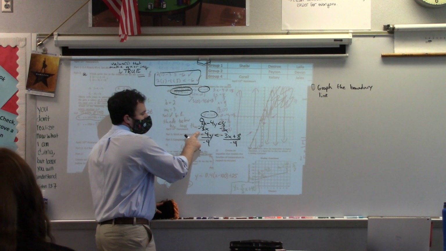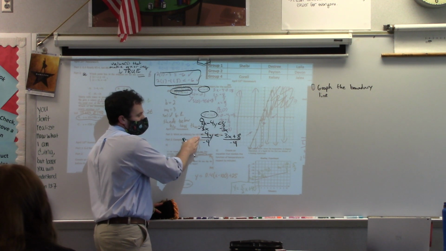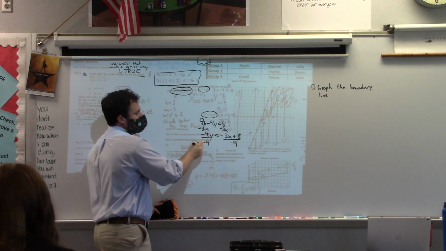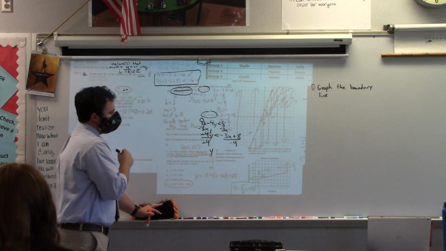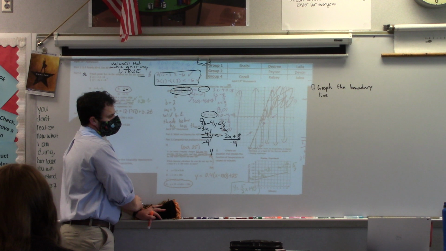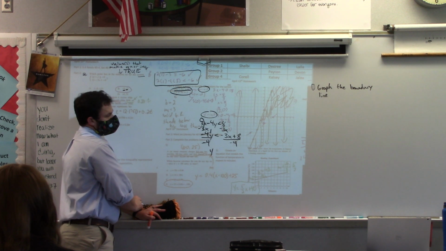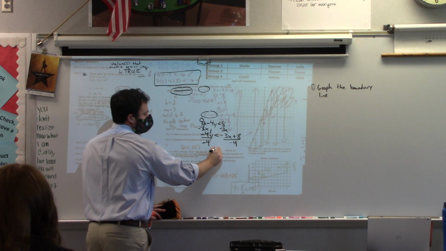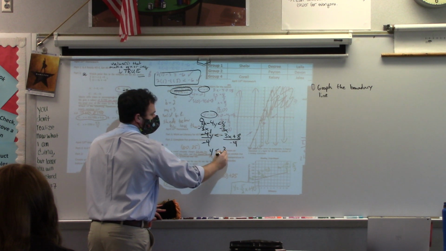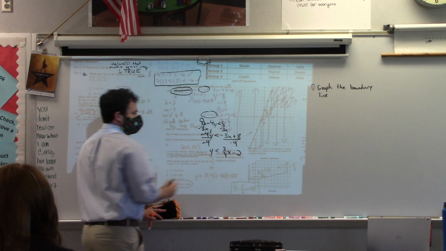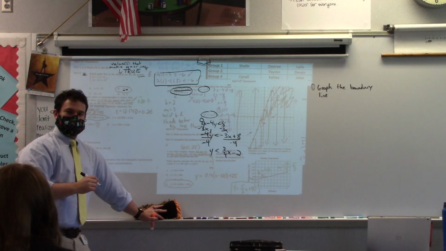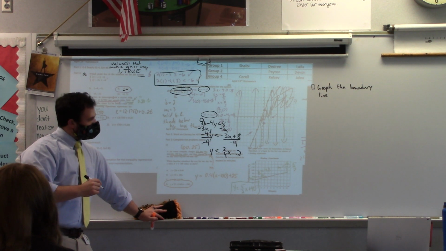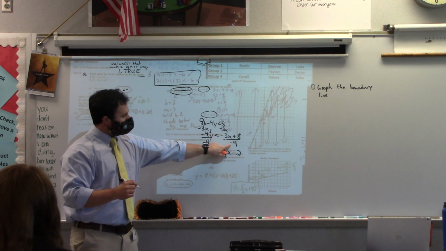Remember, we need -4 divided by -4 because that creates a 1. And what do I need to do with my inequality? Notice what's a negative divided by a negative?